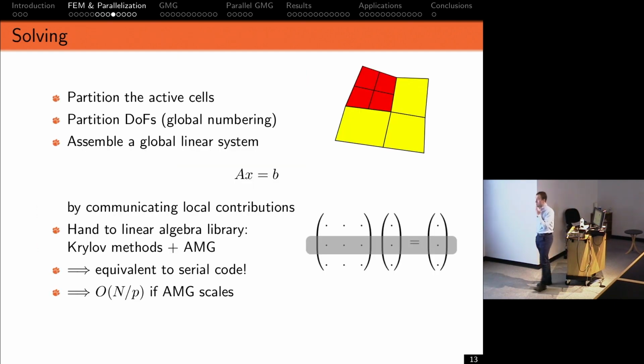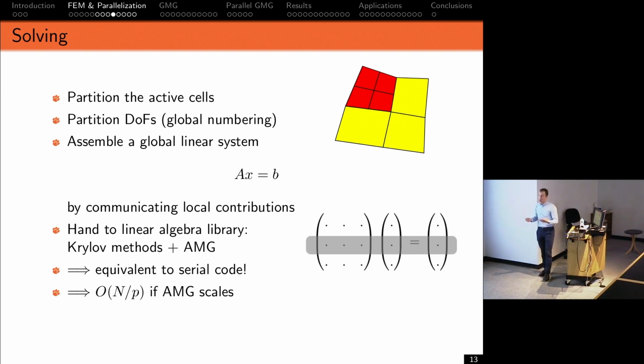Then basically you have most of what you need for a finite element computation. So I partition the cells, I color them by processor, right? I have to somehow number degrees of freedom. Namely, if you think of the finite element method just as I get a set of basis functions, then I have to number them.